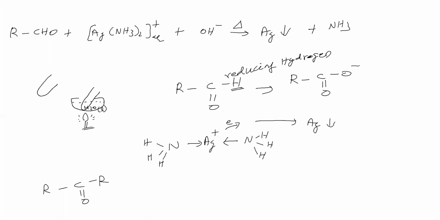Next we will take Fehling's test. What is Fehling's solution? That we will see. Now we are going for a Fehling's test. Fehling's solution is alkaline, in the sense that a base will be there. Then copper sulfate solution will be there.